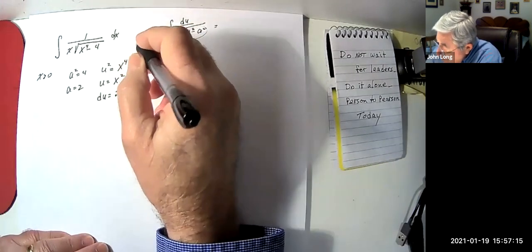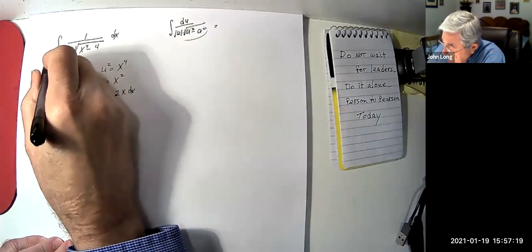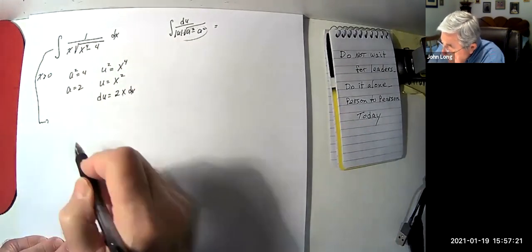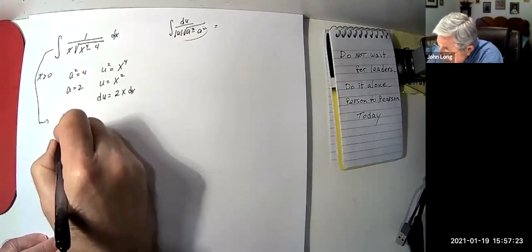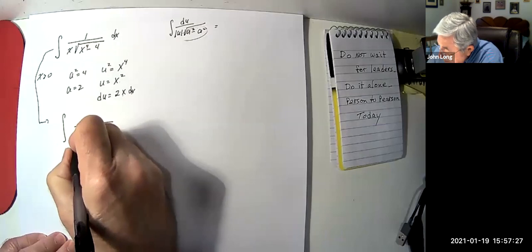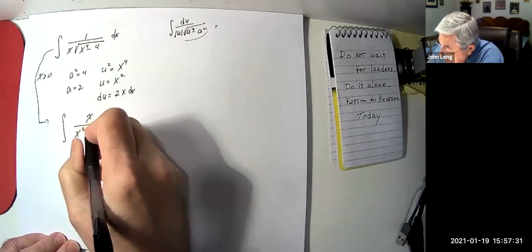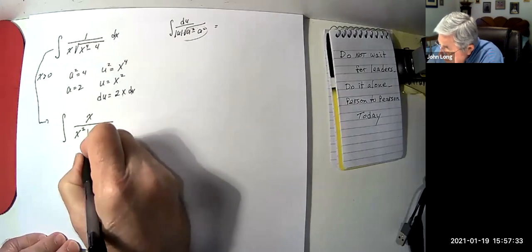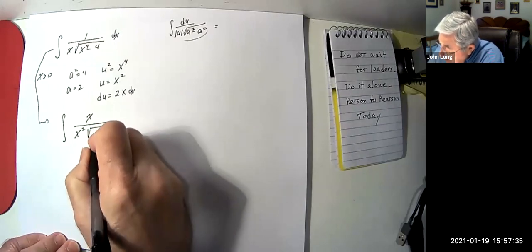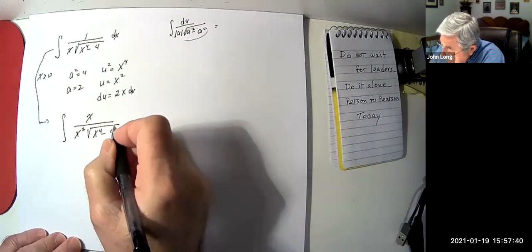And so what we're going to do with this thing is to make it fit. We're going to make it look like integral. And we know we need an x squared down here, and we can have that if we put an x in the numerator. And now we have the square root of x to the 4th minus 4, you see?